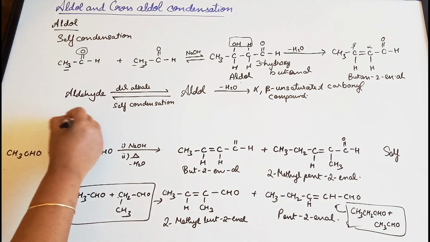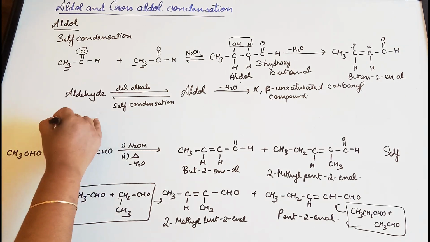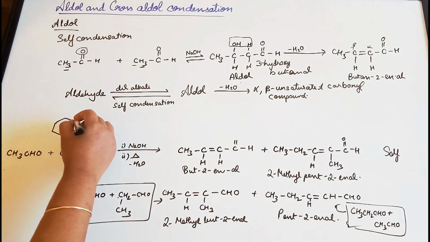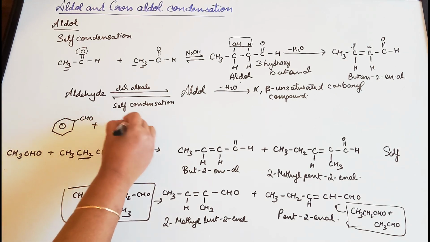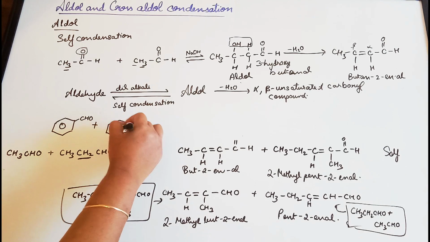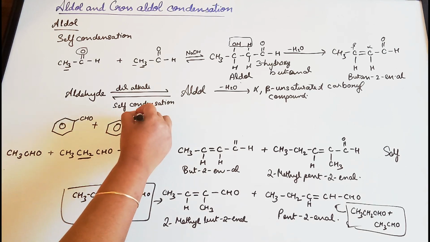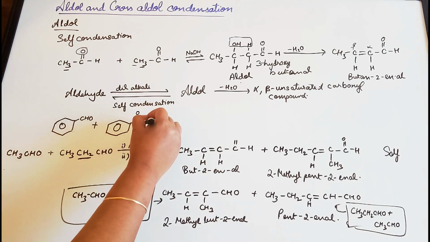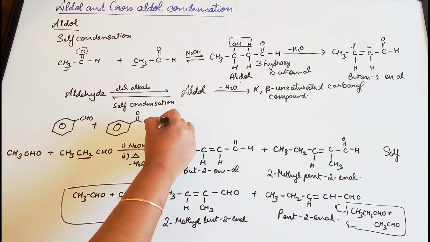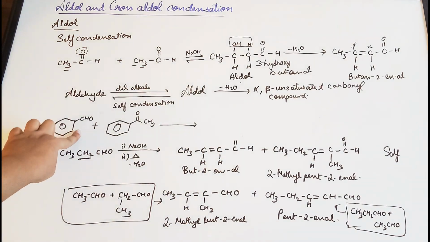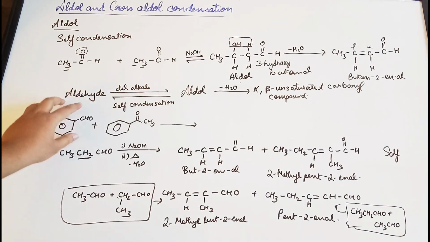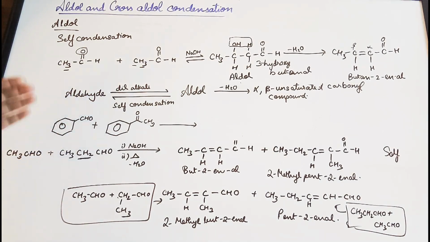So let's take the example of benzaldehyde, and we are going to be taking the example of a compound whose name you will be commenting in the comment sections. So this compound, it's obvious it does not have an alpha hydrogen. So it does not undergo self-condensation.